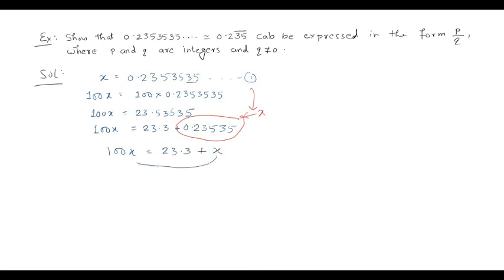On bringing x to the left side, we get 99 times x equal to 23.3. So x will become 23.3 by 99, and we can cancel out the decimal, so x will become 233 by 990. This is again a rational number.